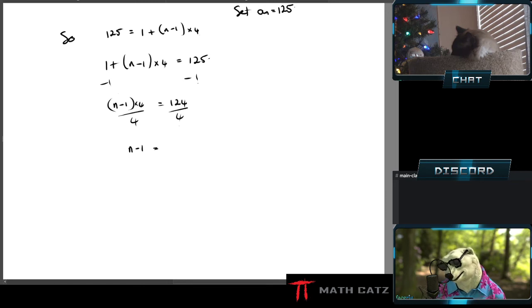124 divided by 4, and MathBot says it's 31. And then I'll add 1 on both sides to get n equals 32.